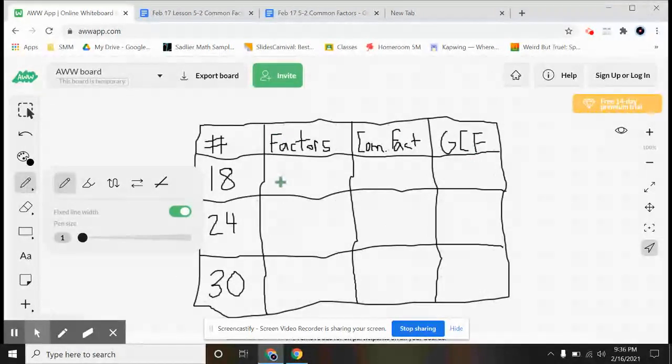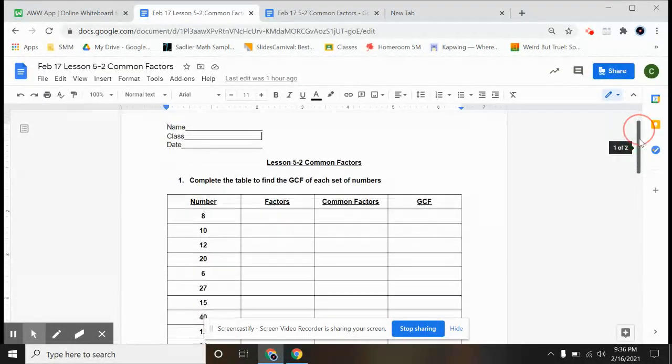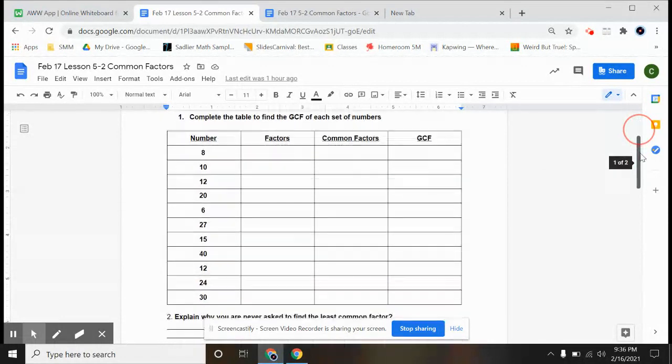So let's start with 18. We're going to do this graph together because today on your homework, you're going to have an assignment and it's going to have a graph on it. You might be looking at this graph right now going, oh my gosh, Miss Malone, that's so much for us to do. This is actually your workbook page. If we were at school and we finished this lesson in the classroom, I would have given you an assignment to do for homework. That assignment would have been to complete workbook pages 100 and 101.